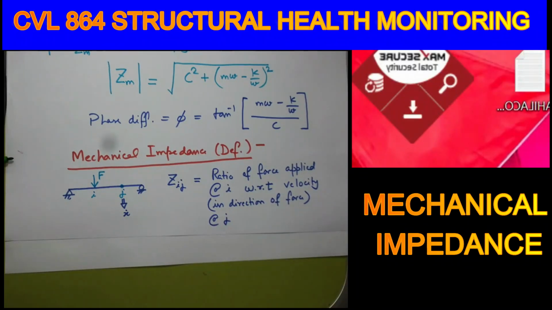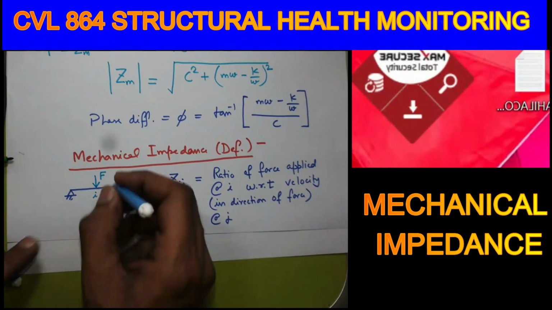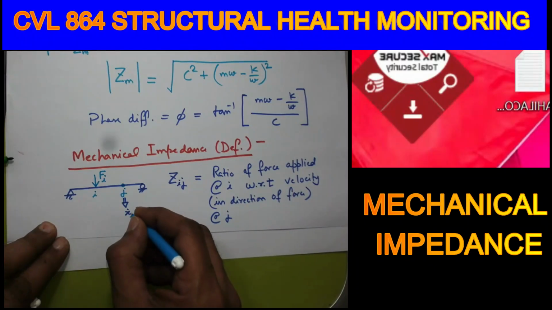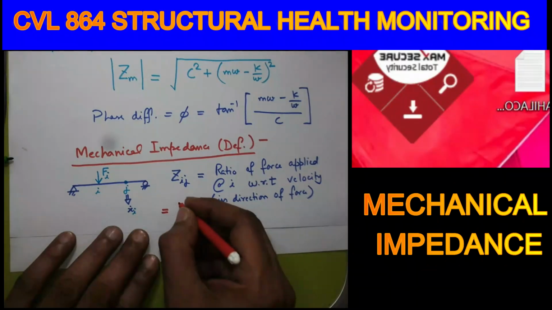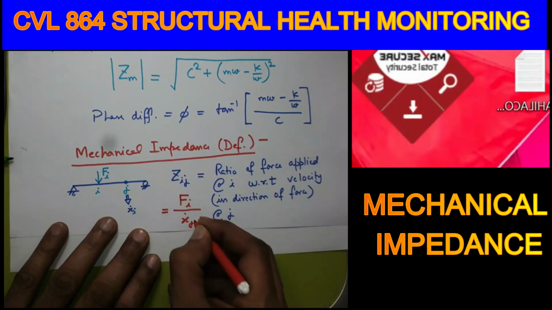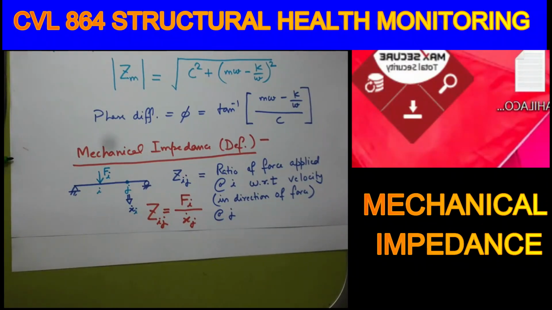This is our definition of mechanical impedance. Using the subscripts, Zij is Fi by X dot J. If you want, you can use M also to signify mechanical impedance, but even if we don't, it is understood that we are talking about mechanical impedance.